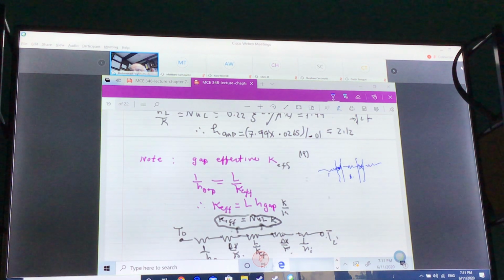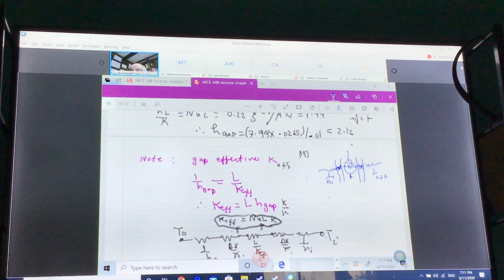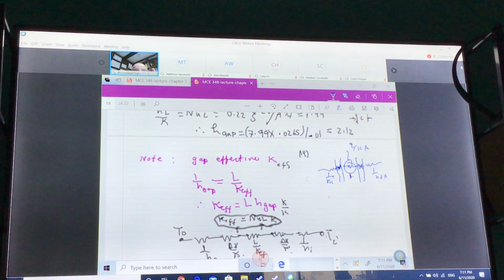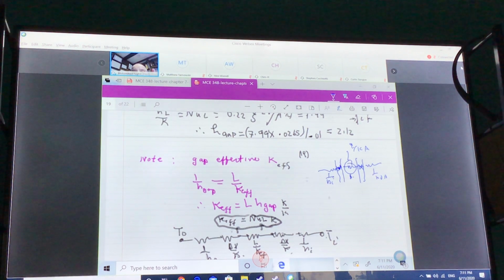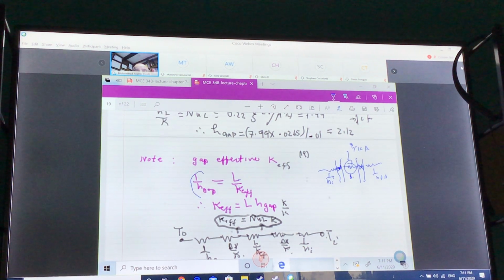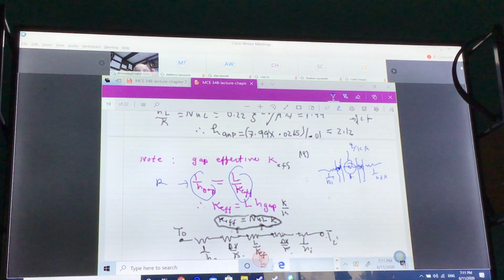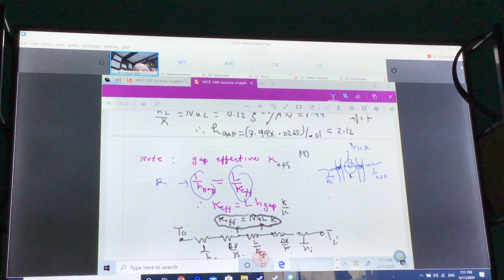I have 1 over h_i A, 1 over h_o A. What about this here? Usually if it's just solid, it's L over kA. The area is the same as the convection of the gap. You see this is a resistance, but I calculated h of the gap.